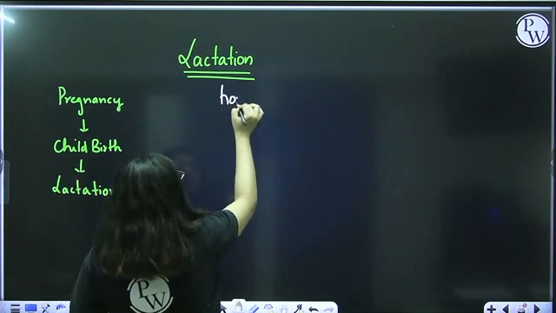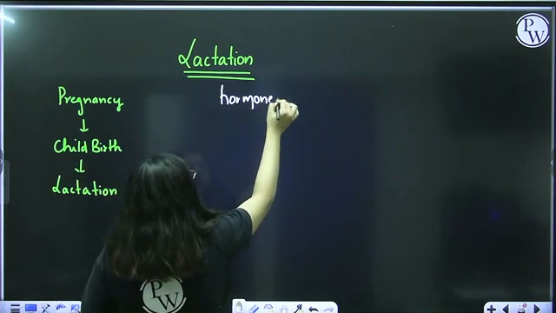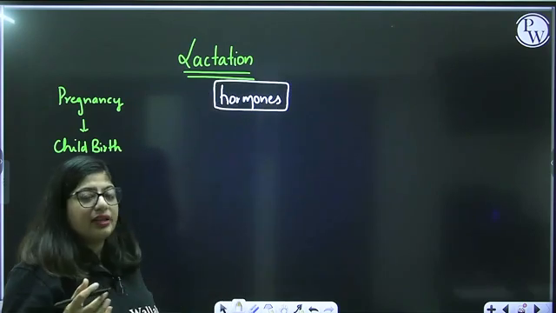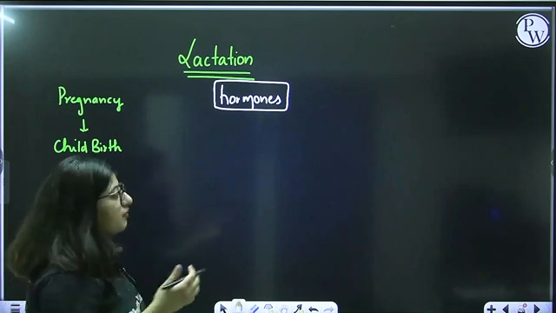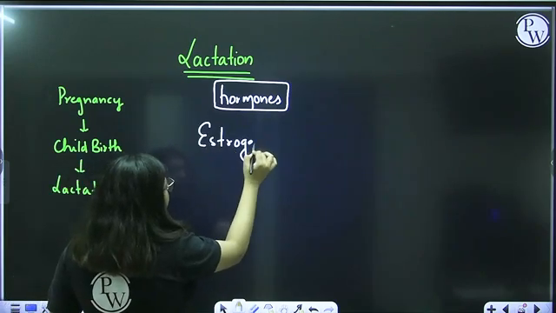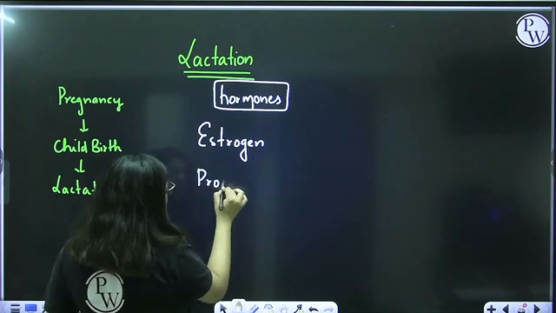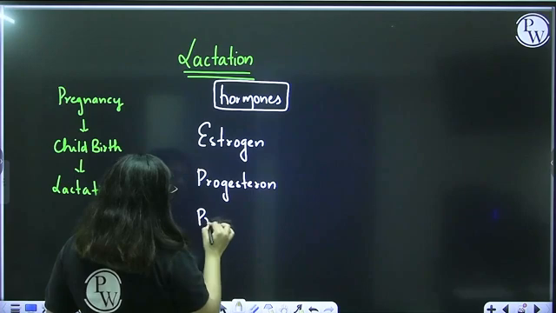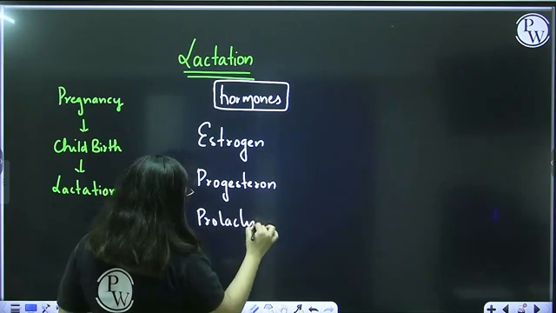Now, the hormones that play a very important role in the growth of mammary glands and production of milk. We'll start with the simplest things: estrogen, progesterone, prolactin and oxytocin.